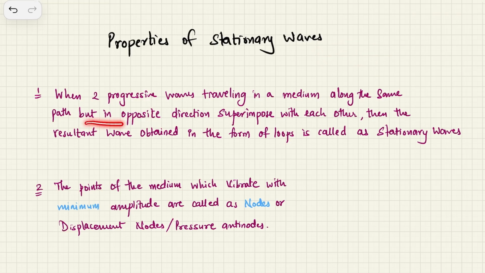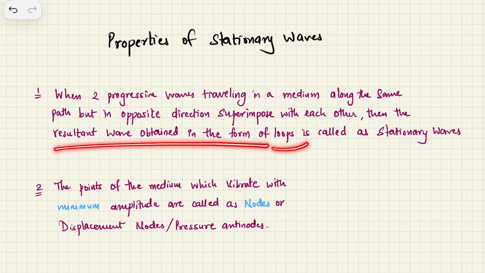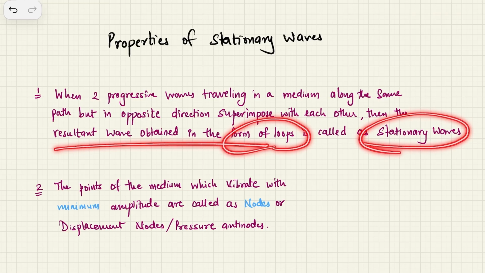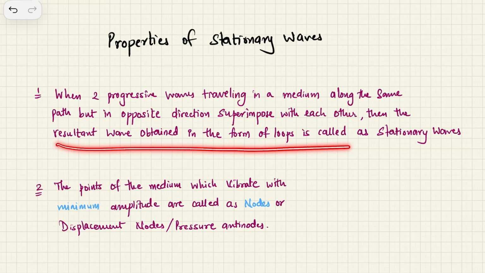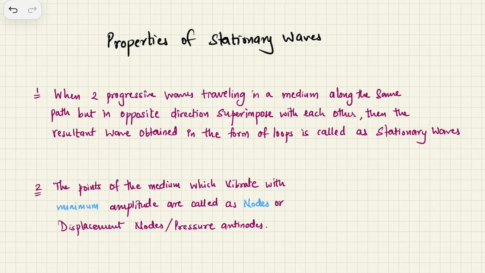So when you have such kind of wave and when they superimpose with each other, then the resultant wave obtained in the form of loops is called a stationary wave. So I hope you got it. When two progressive waves traveling in a medium along the same path but in opposite directions superimpose with each other, then the resultant wave obtained in the form of loops is called a stationary wave.